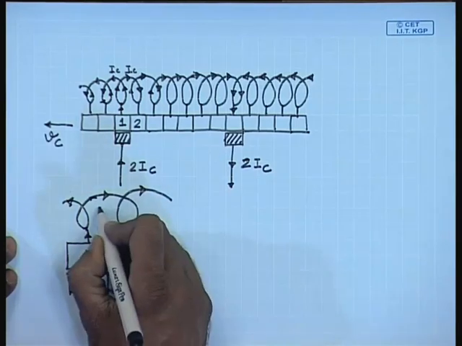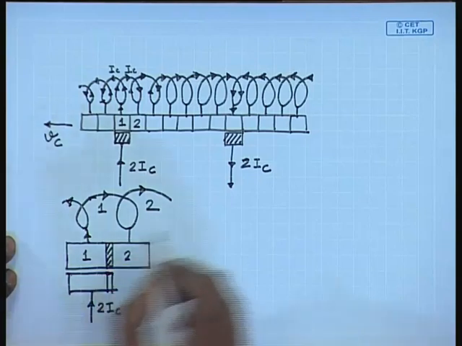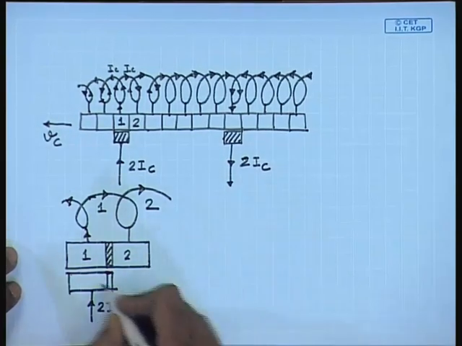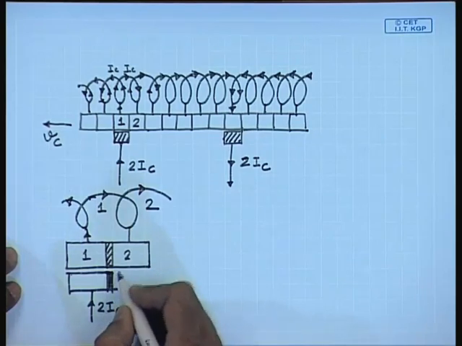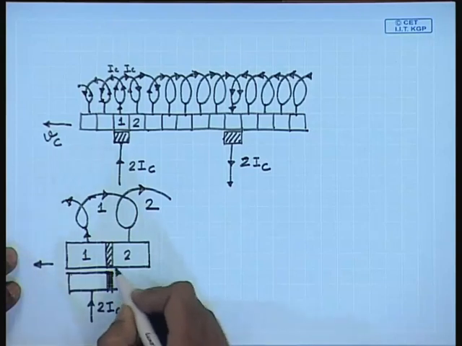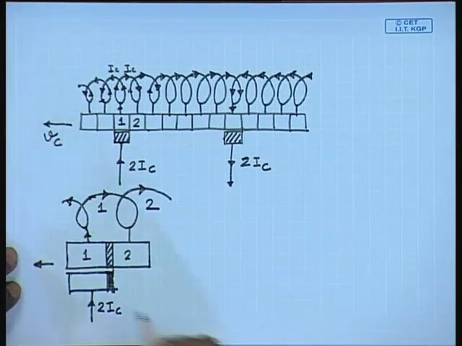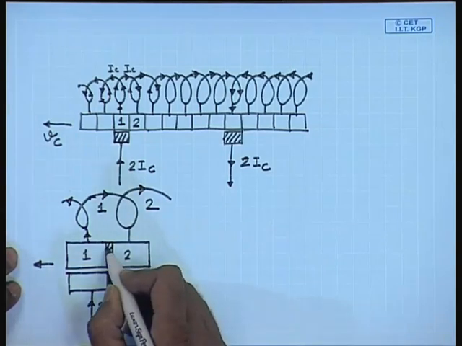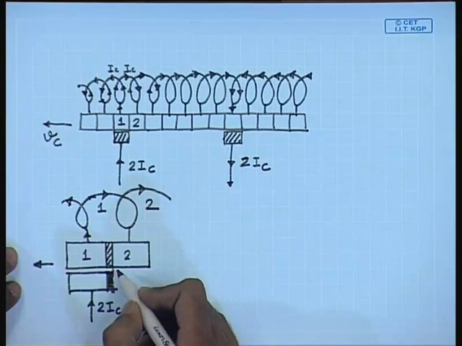Let us say this was coil number 1, this is coil number 2. So, the commutation process begins when the leading edge of this brush coincides with the end of the insulation between the two successive commutators.